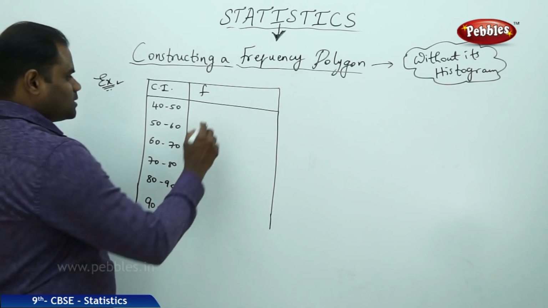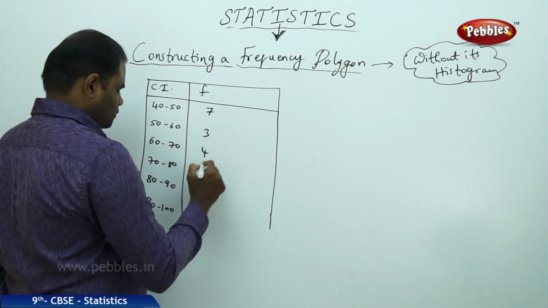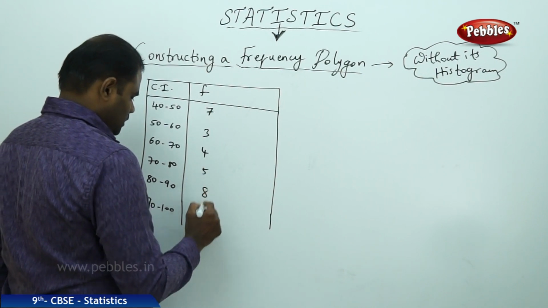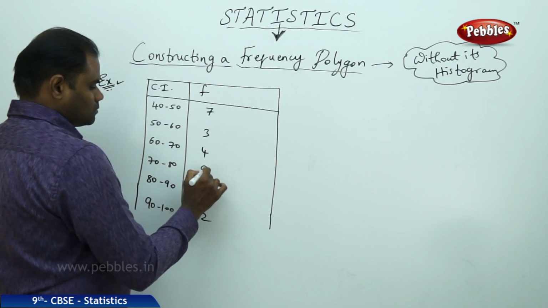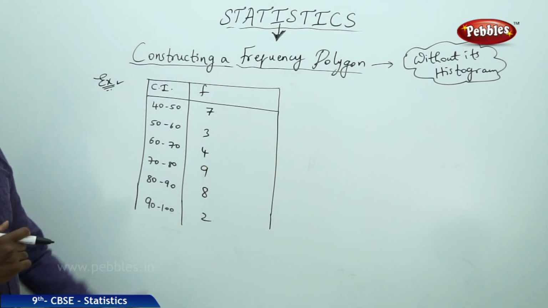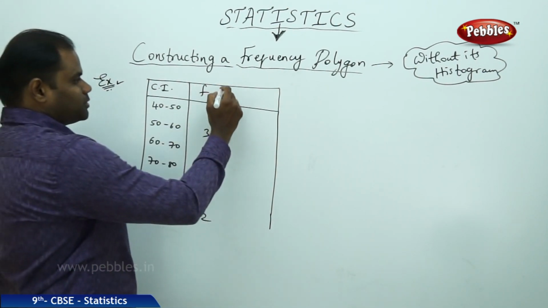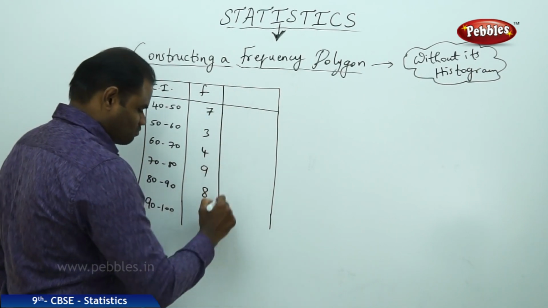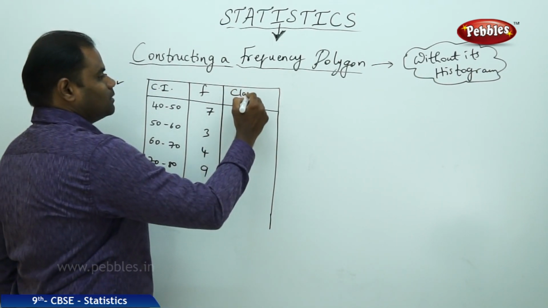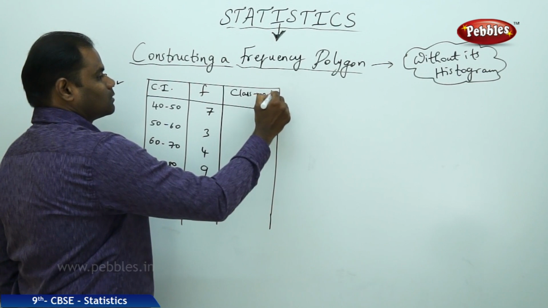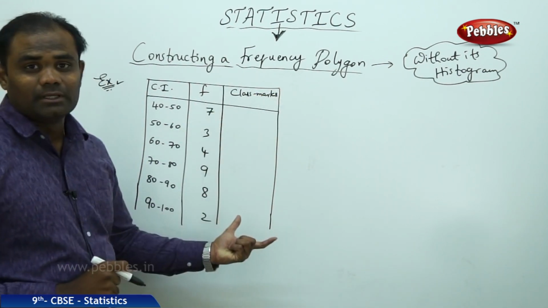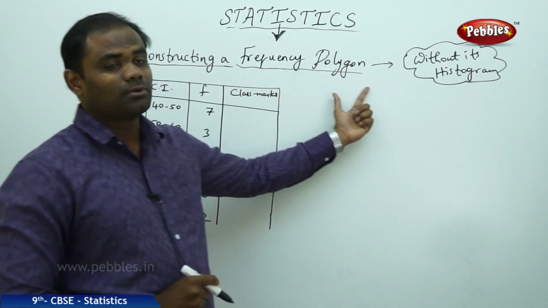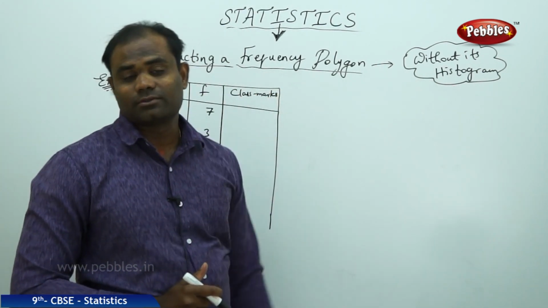And say the frequencies are 7, 3, 4, 9, 8, 2. Using the frequency, I'm going to construct a new column called class marks. Class marks will help me construct a frequency polygon without the help of a histogram.